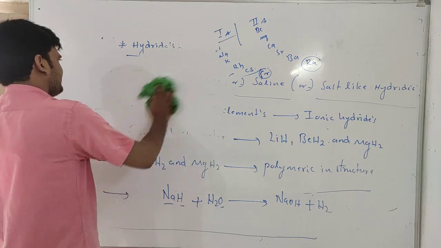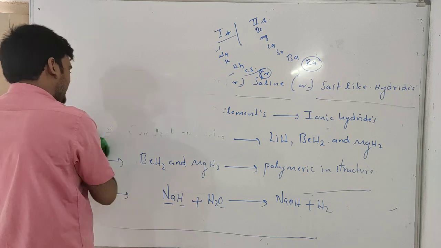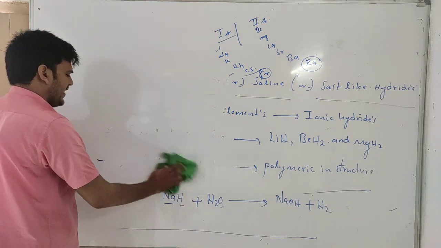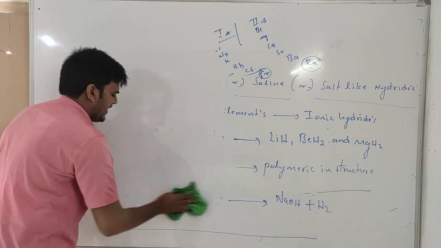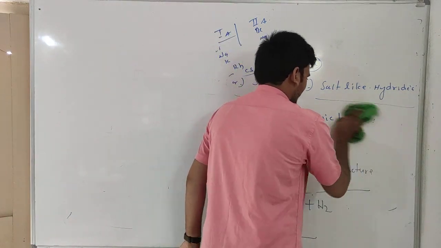So hydrides are classified into three types. First one is ionic hydrides, or saline hydrides, or salt-like hydrides. Completed. Next one.